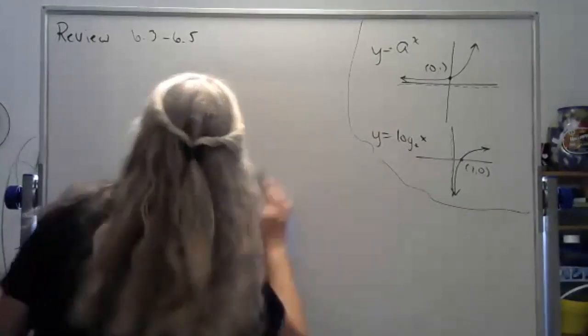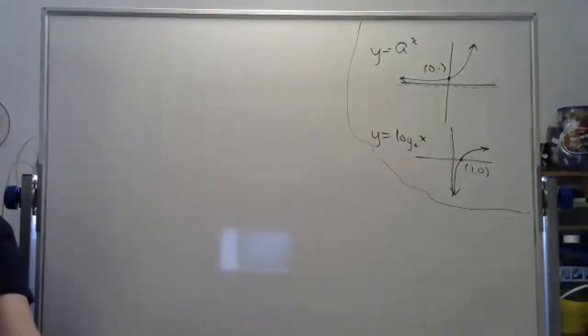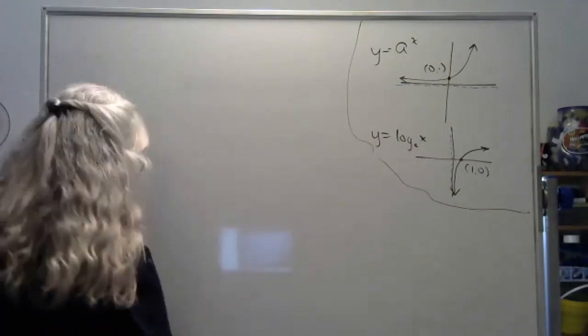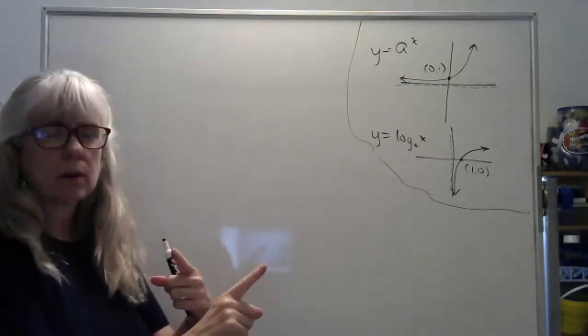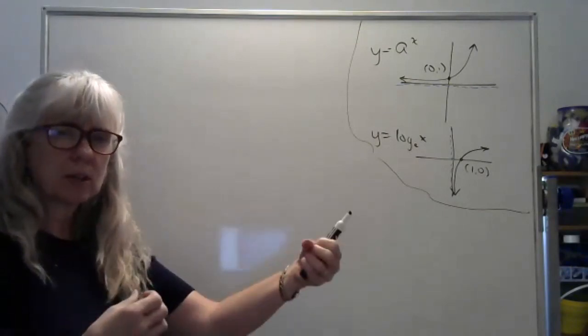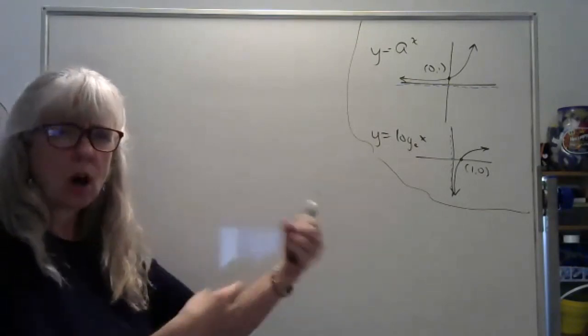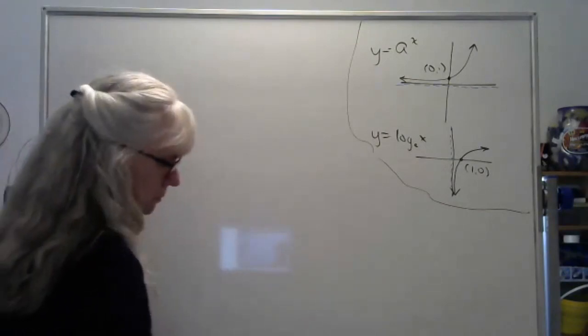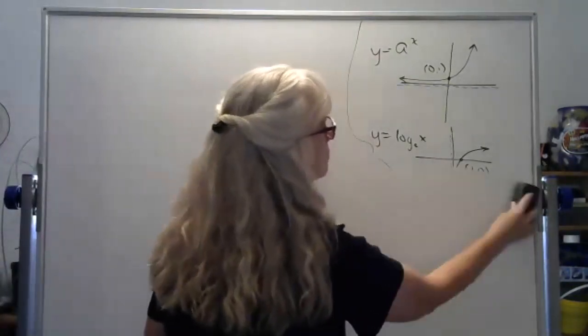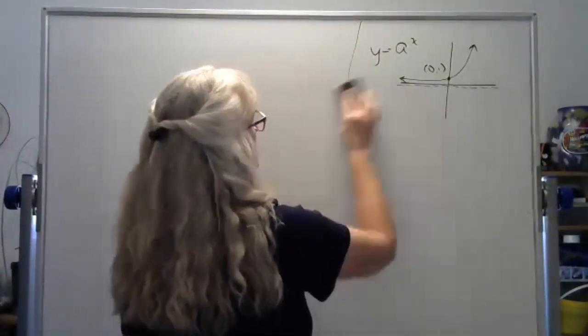Okay, so now that we can do that, one of the other things I want to work on: how do you guys feel about going between the 2 forms? So are you comfortable going from a log form to an exponential and an exponential to a log, or do we want to practice that? I'd say practice. Okay, let's practice it.